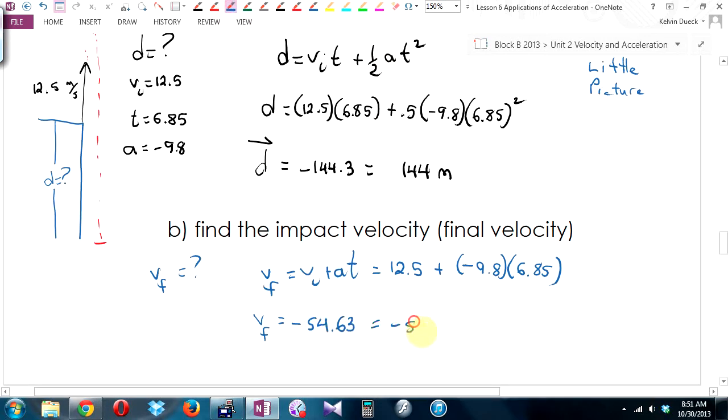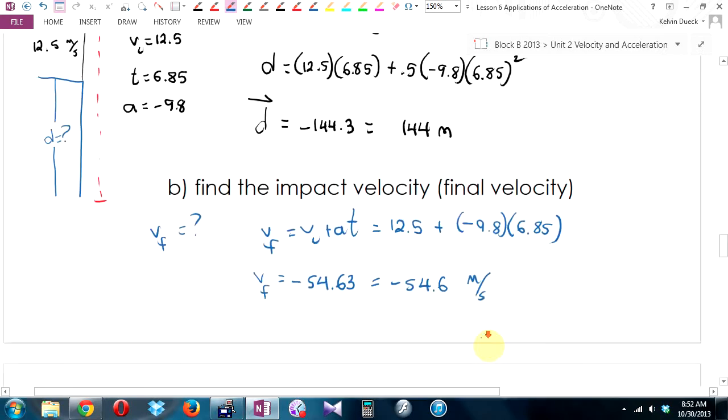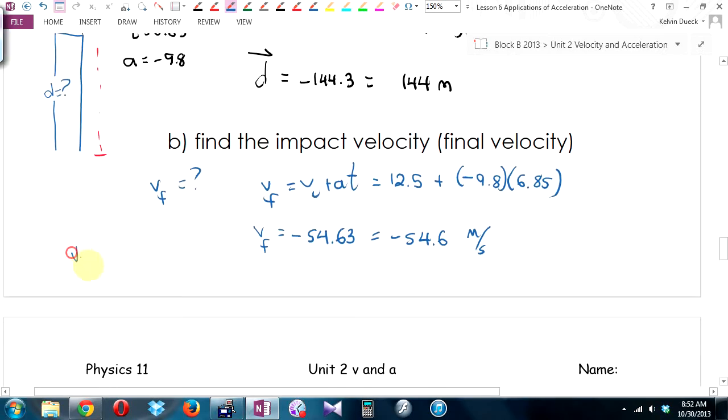Negative 54.6 meters per second. By the way, let's suppose this was a test question. It might be. And I finish the test. I could actually now use V final squared equals V initial squared plus 2AD.